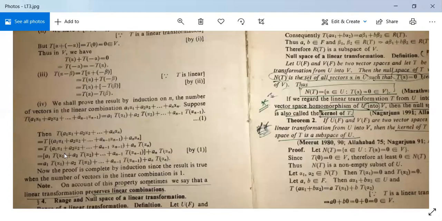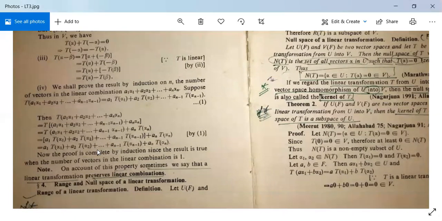So this is equal to T(a1α1 + ... + a(n−1)α(n−1)) + anTαn, and it is equal to a1Tα1 + a2Tα2 + ... + a(n−1)Tα(n−1) by the earlier property, plus anTαn. So it is equal to a1Tα1 + a2Tα2 + ... + anTαn. So it is proved. Therefore, the result is proved by mathematical induction, and we have proved that it is true for n equal to 1 also.